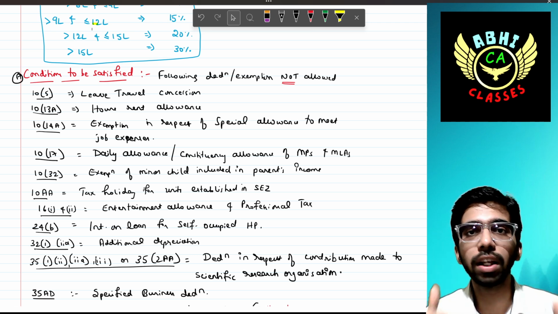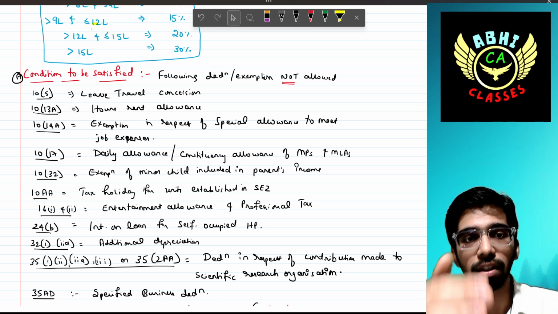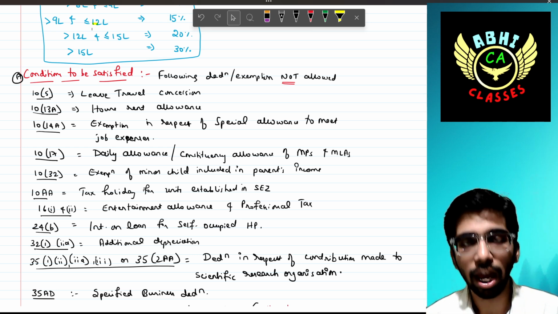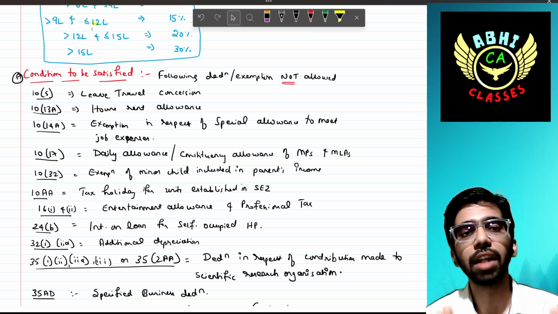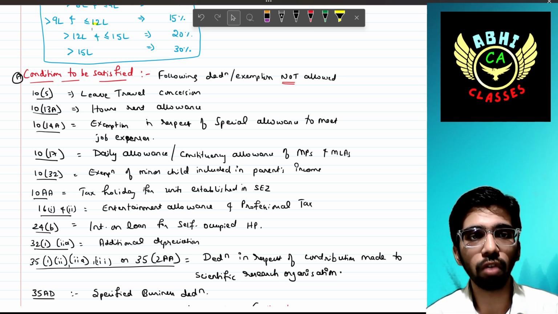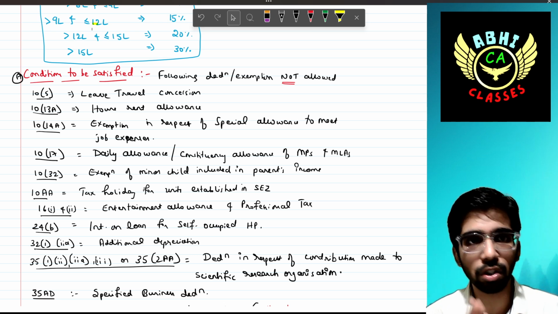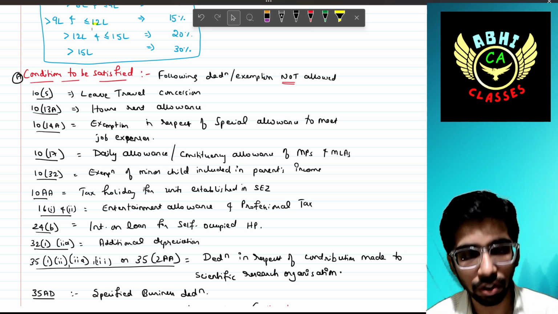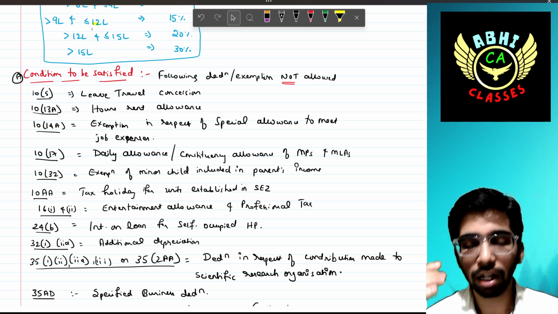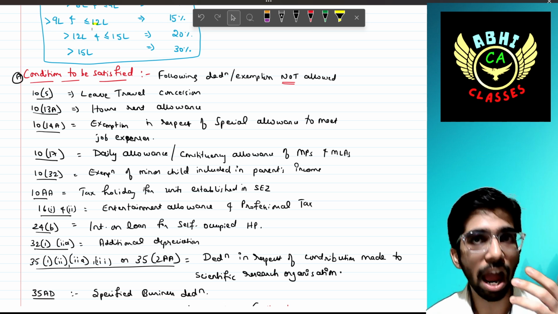Later, while doing the individual chapters, you will be in a better position to understand this concept clearly. As of now, keep in mind that you are just briefing this. First of all, what do you need to forego? Section 10(5), that is leave travel concession. We will discuss this clearly in the salary chapter. That exemption is actually available.